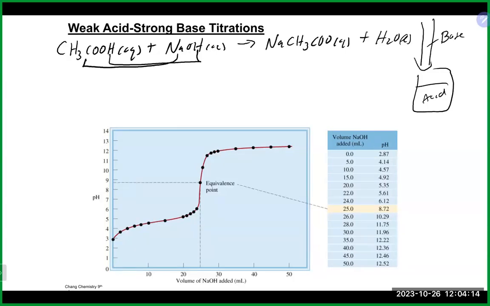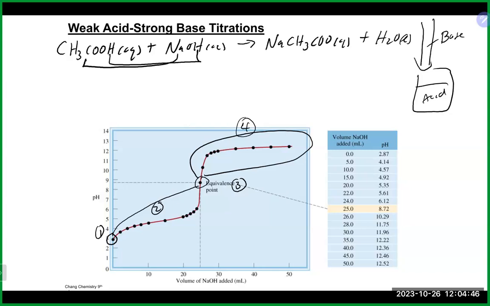You can take a look at our titration curve there, which is very similar to the previous one. It still has that traditional S shape. We still have the same four points on this curve: before we start the titration, after we start but before the equivalence point, the equivalence point, and after the equivalence point.